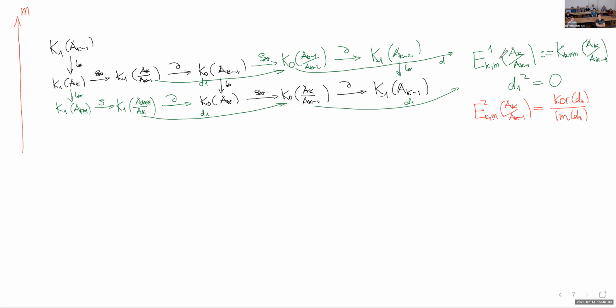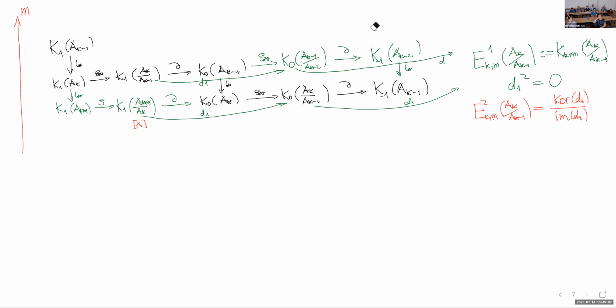Here, D1, let's look here. D1 goes up. Suppose we have an element in E2, an element here such that it goes to 0. Let's take here an element.